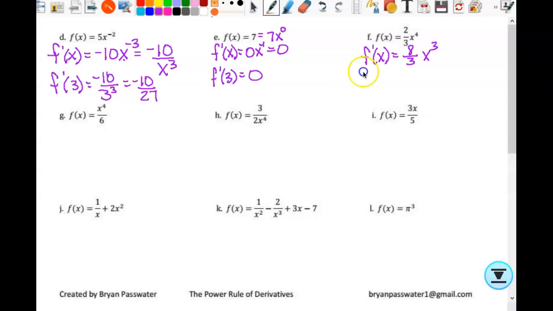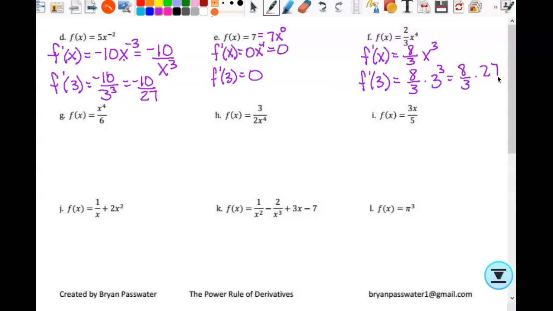We want f prime of 3. So this is going to give me 8/3 times 3 cubed. Right. What is 3 cubed? 27. So that gives me 8/3 times 27.